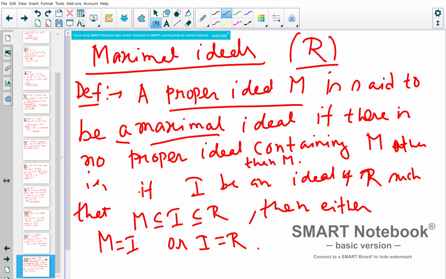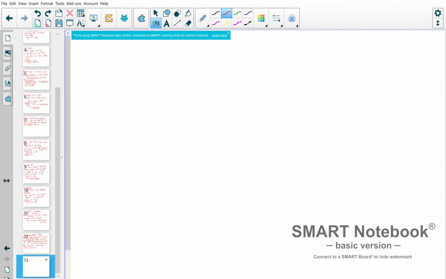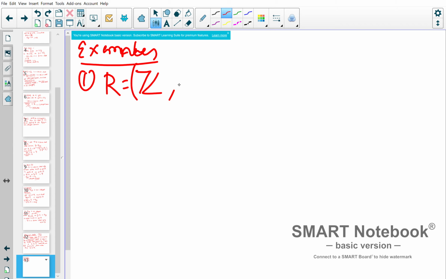Now again, let me give some examples before going to the many theorems. So examples. You see again the ring of integers. Now we already checked that the ideals generated by primes are prime ideals, right?